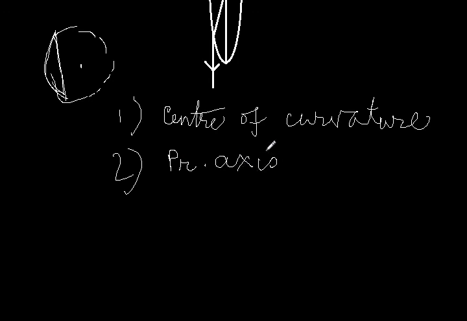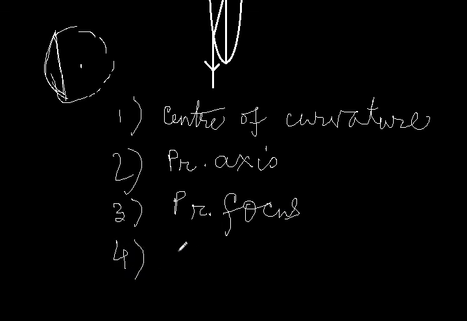The principal axis is the straight line that passes through the centers of curvature. Then we have learned the principal focus. And then the optical center.